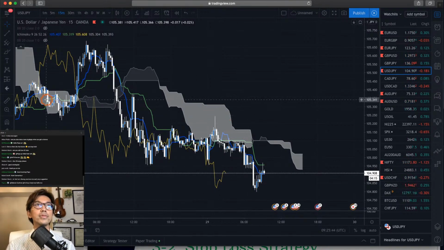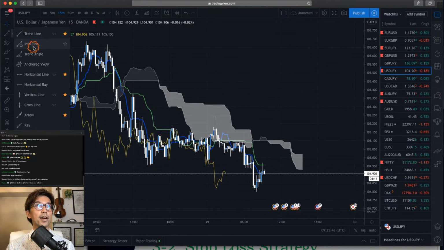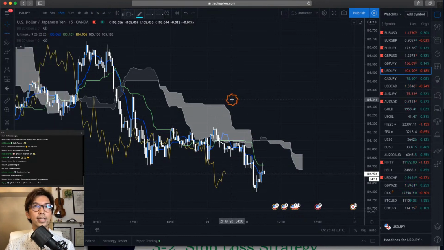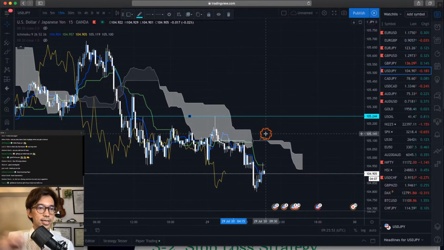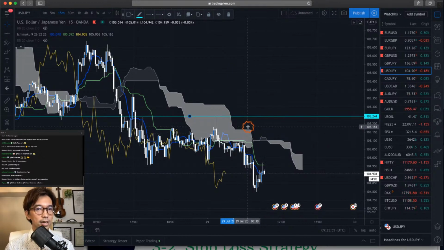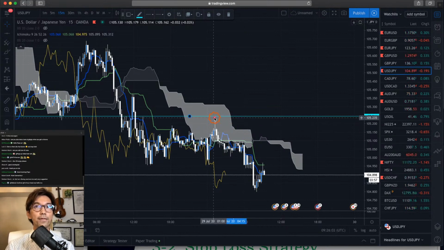If I put the horizontal line exactly on top of the wick, this is the great start of the downtrend in this 15-minute chart. So what I'm trying to capture is the N wave like this.